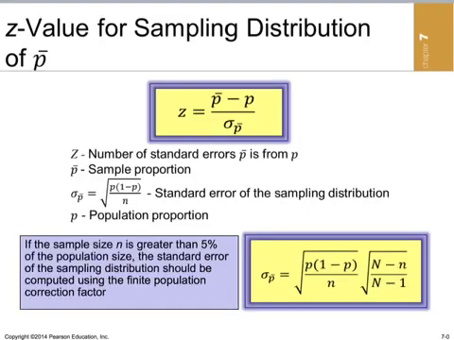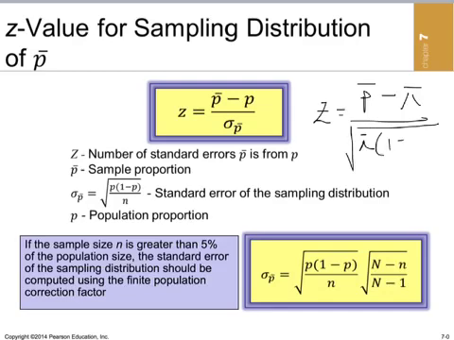Okay, so if we want to find the z value for a sampling distribution of a sample proportion, we will simply use this formula. Z is equal to the sampling error, which is the sample statistic P bar minus the population parameter pi, divided by the standard error, which is the square root of pi times 1 minus pi over n.